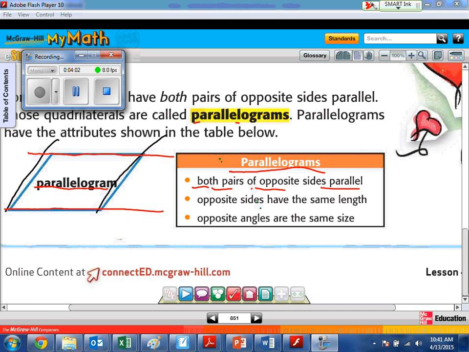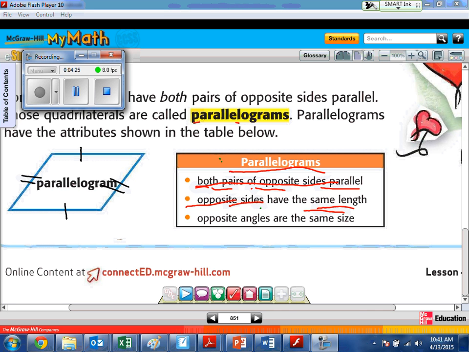They are parallel. So both of these pairs of opposite sides are parallel. Also, these opposite sides have the same length. If I went and measured these opposite sides, we would find that this side and this side have the same length, and this side and this side have the same length.